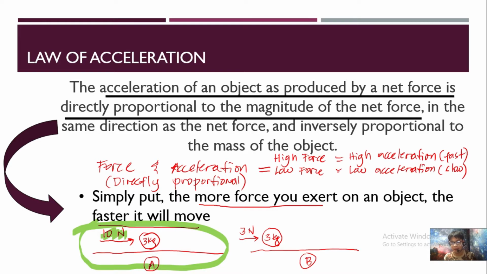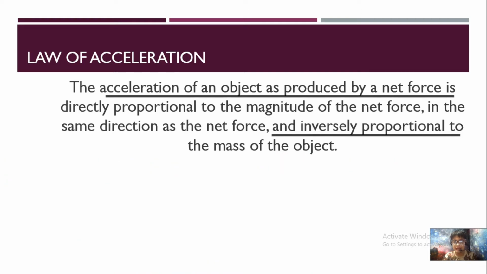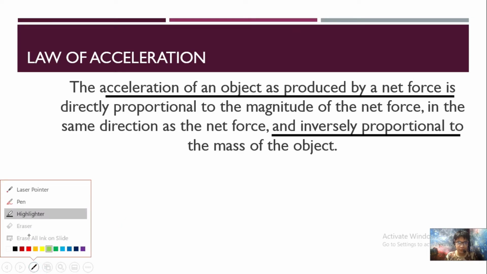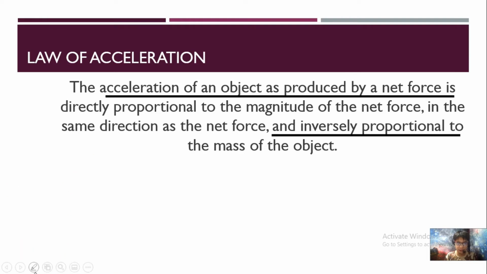Now, let's continue. The second statement is this: the acceleration of an object as produced by the net force is inversely proportional to the mass of the object. So this time, we are trying to relate acceleration and mass.